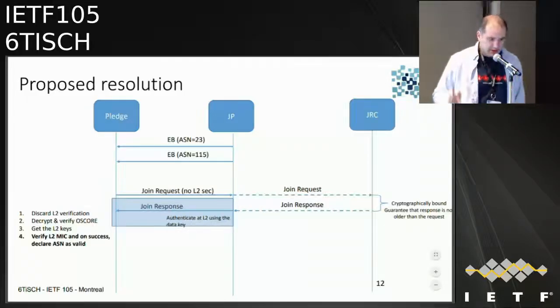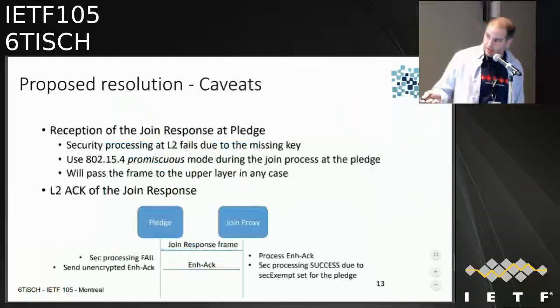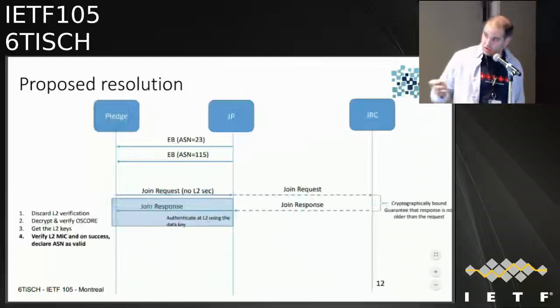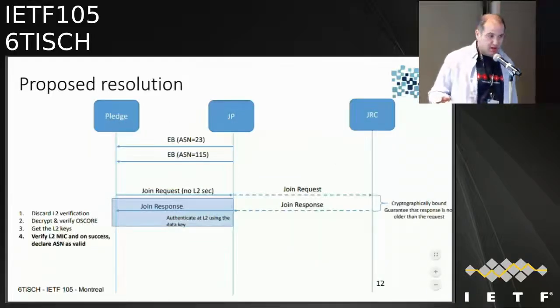So essentially, the change on a high level is only that this frame, instead of having no layer 2 security, is now secured using the first 3 security levels of IEEE 802.15.4, involving authentication but not encryption.